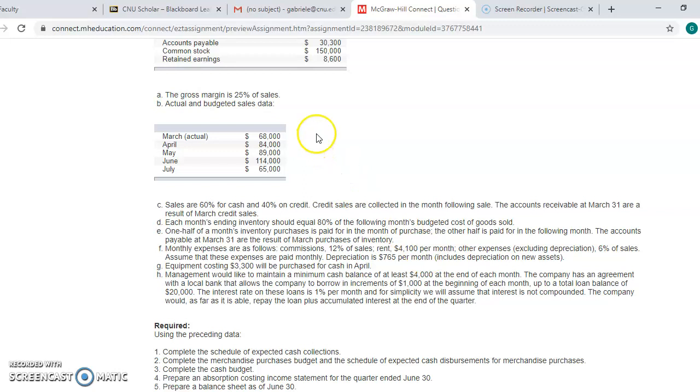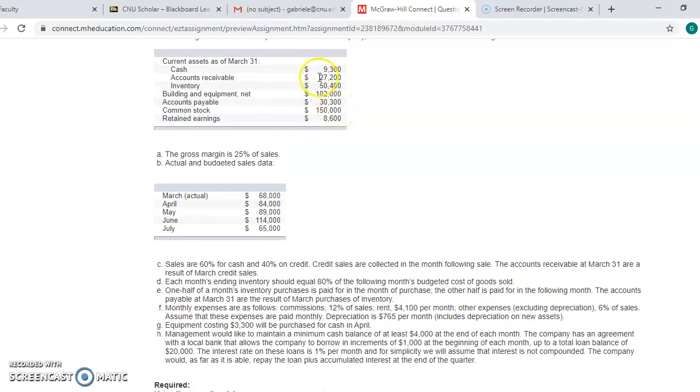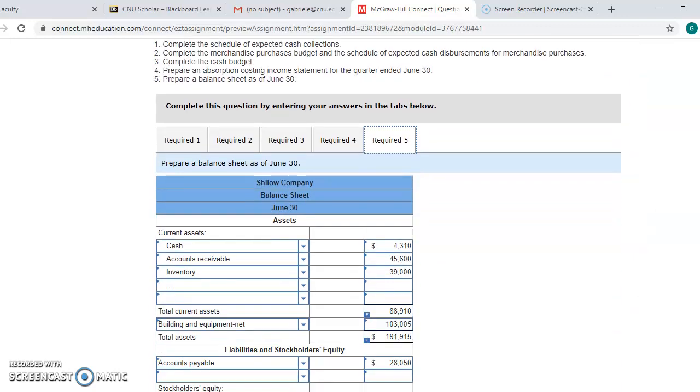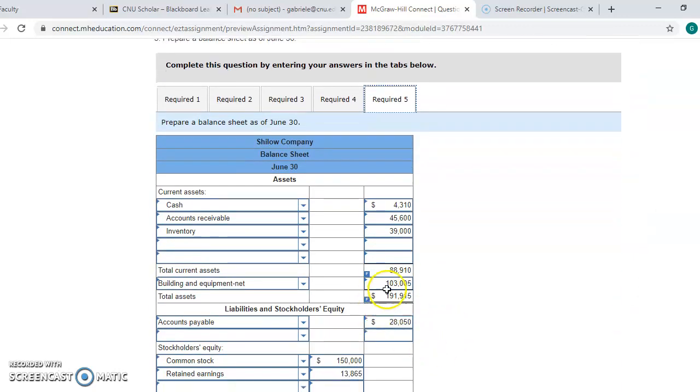Subtract that from 102,000 plus the 3,300, so 105,300. Subtract your depreciation, and you end up with 103,005. So again, a couple of you had questions about how to end up with these balances right here.